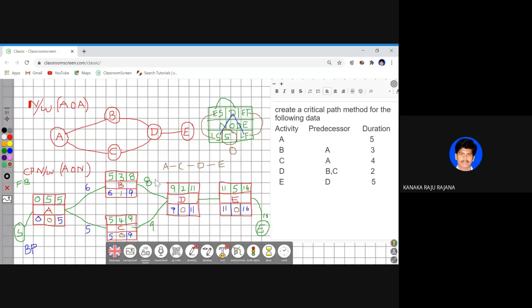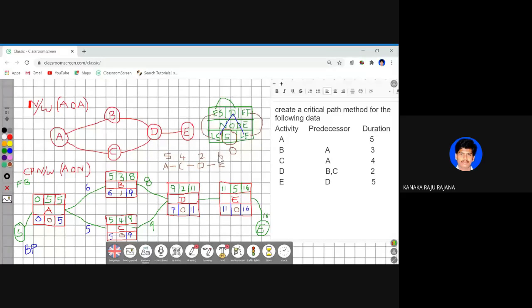Clear? Now, fill in your durations also. What about A duration? A duration is nothing but 5. C duration is nothing but 4. D duration is nothing but 2. E duration is nothing but 5. Okay.